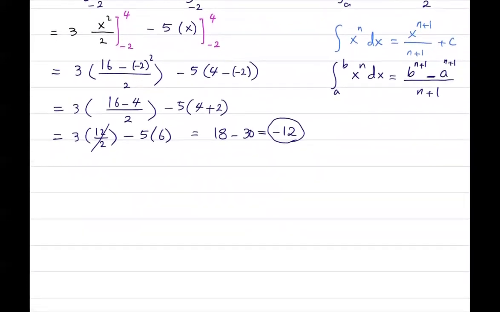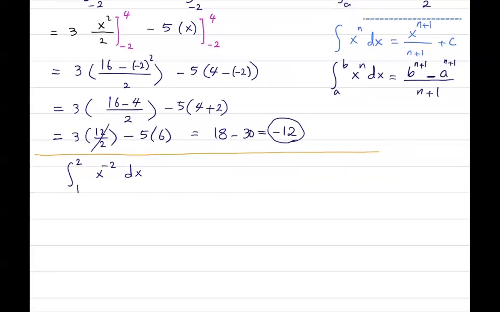So next question, we're interested in finding the integral of x to power negative 2 when x ranges between 1 to 2. The formulas that we're going to use are power rule formulas.